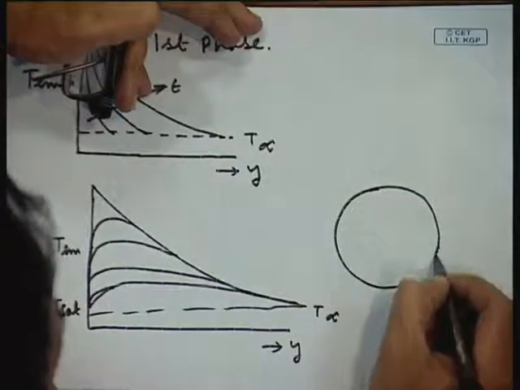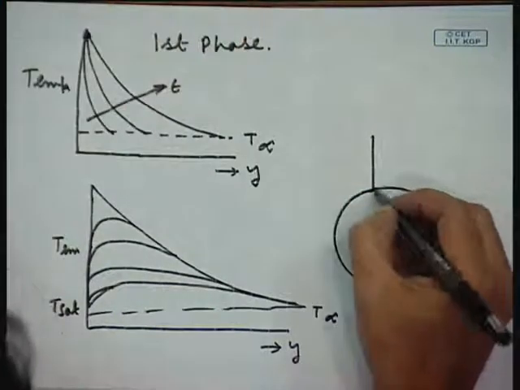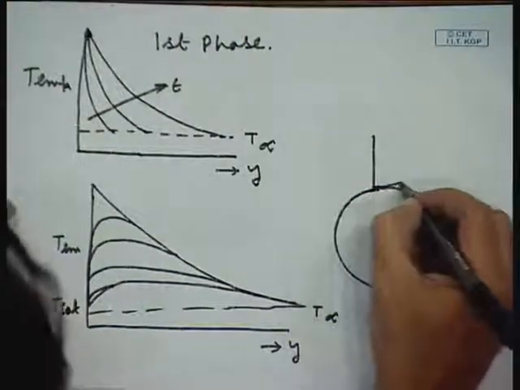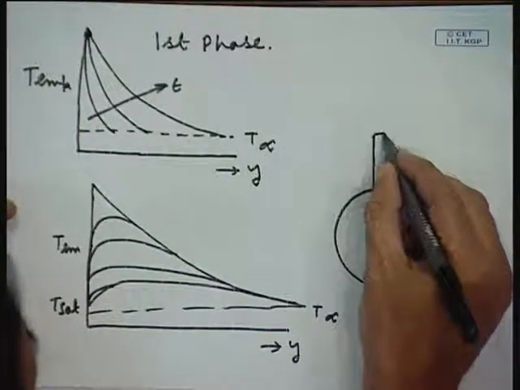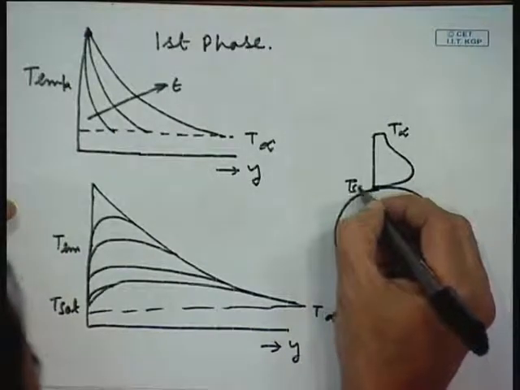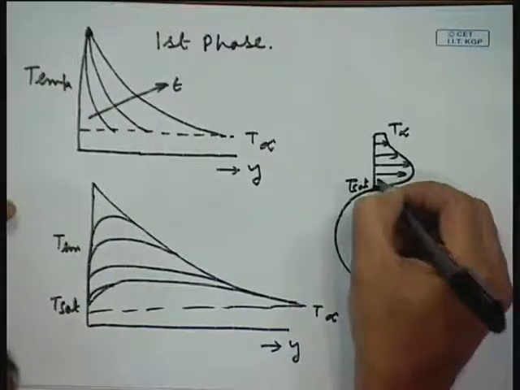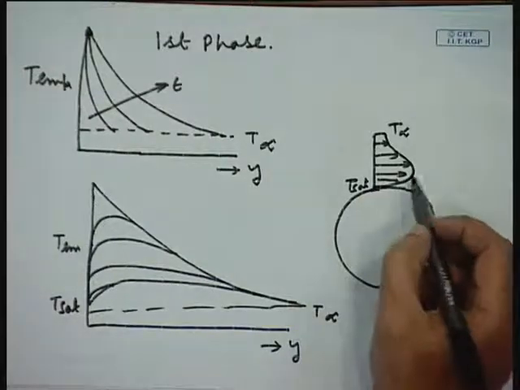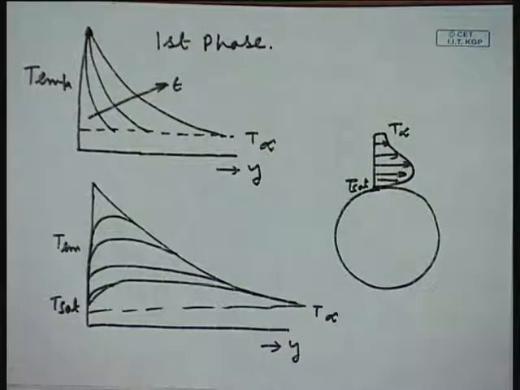What I am drawing here is the boundary layer: T sat, then it is increasing and then it is going to T infinity. So, this is your T sat. Now, as it is transient conduction, this is not a stationary picture, this picture will change, and that is what has been shown in the diagram below.